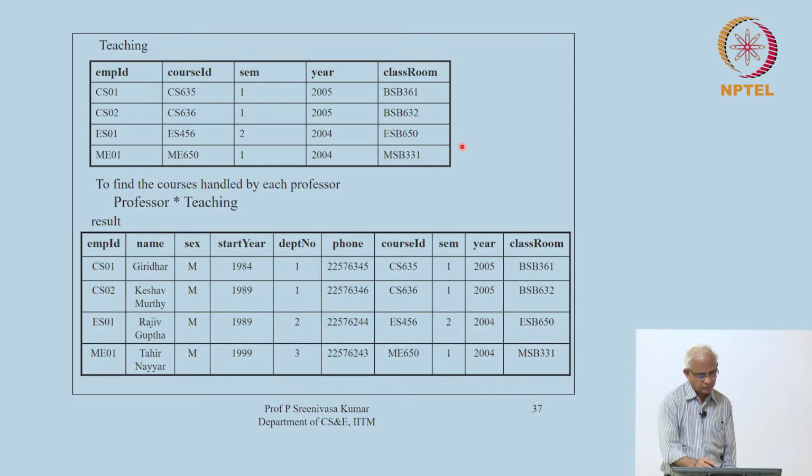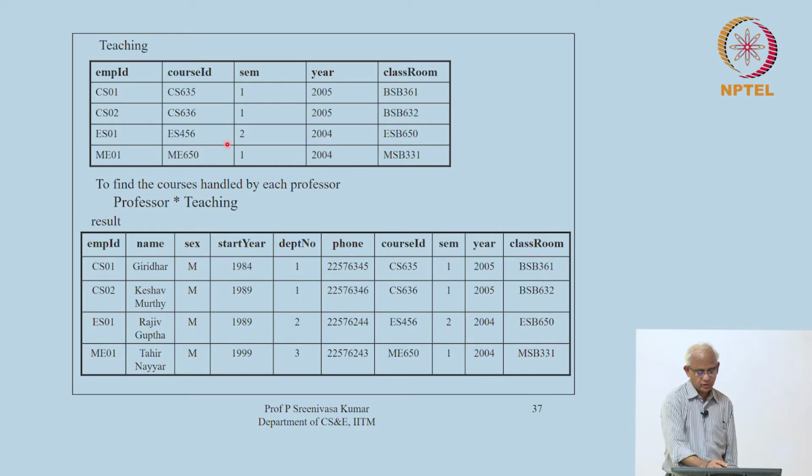Now for an example involving natural join, let us look at this. Let us say apart from the professor relation, we also have the teaching relation, which has these details, like CS01 employee is offering some course CS 635, 636, like that.